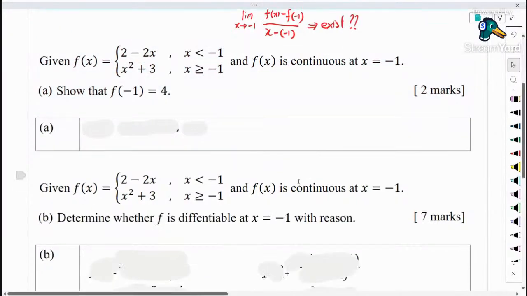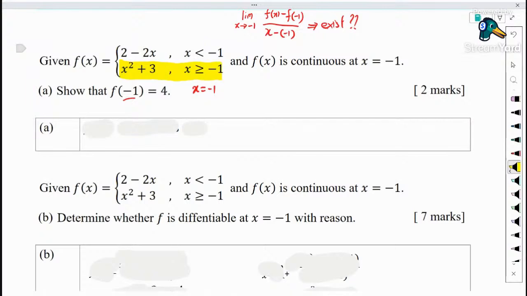So part A, if I want to show that f(-1) equals 4, what I do is, first, f(-1) is actually substituting x equals -1 into the function. And where is x equals -1 according to the function here? You find out that it is actually located in the second function.